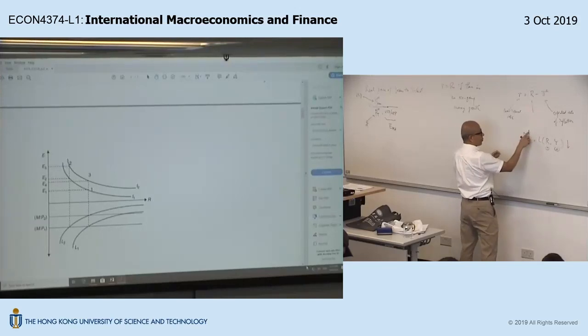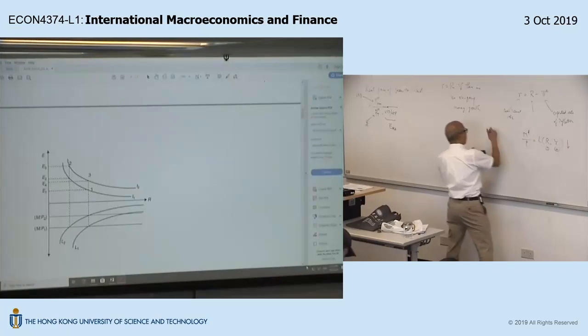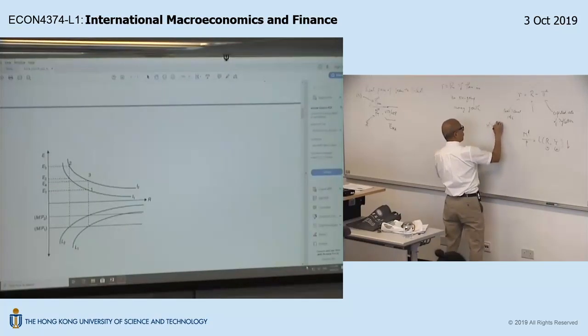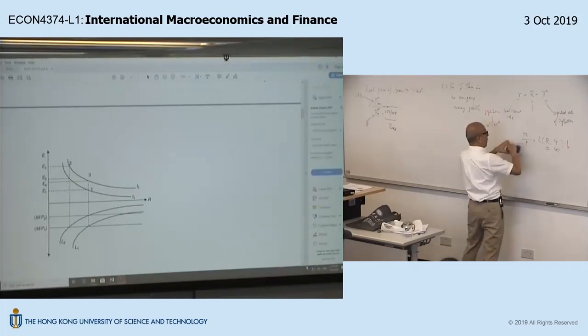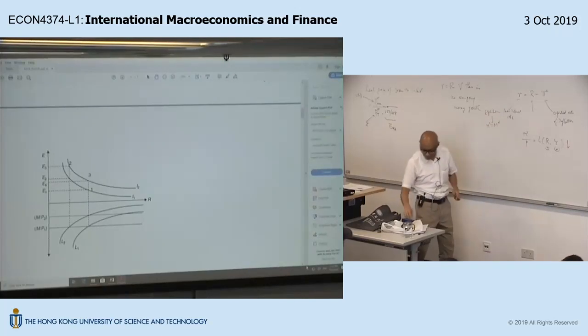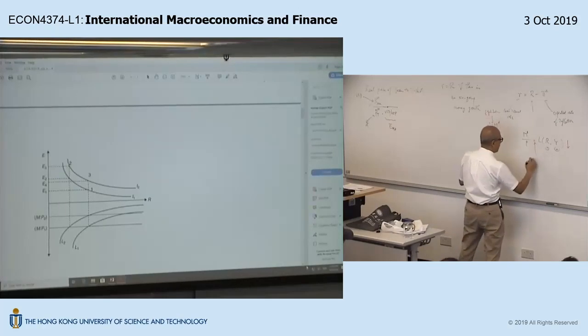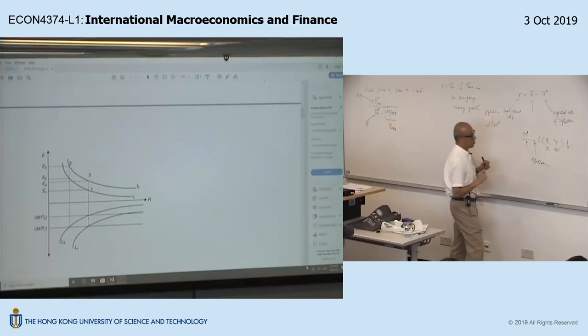So in equilibrium, money supply MS must be equal to MD, right? This is the money market equilibrium. So therefore, you can replace it by S as well, right? In equilibrium, this has to be true.